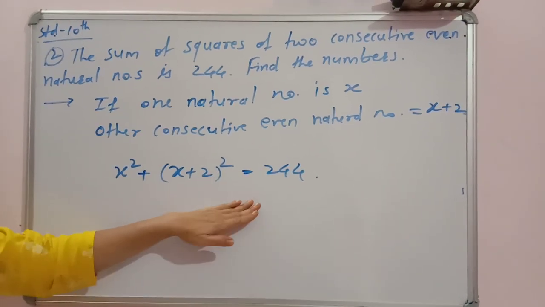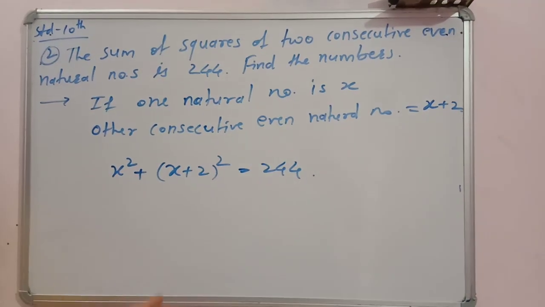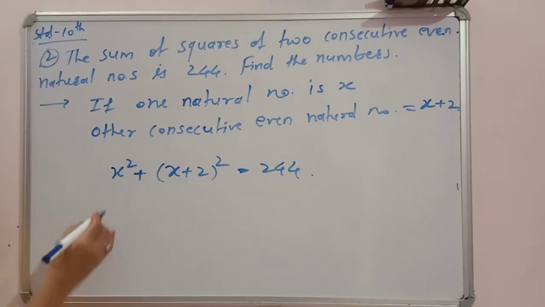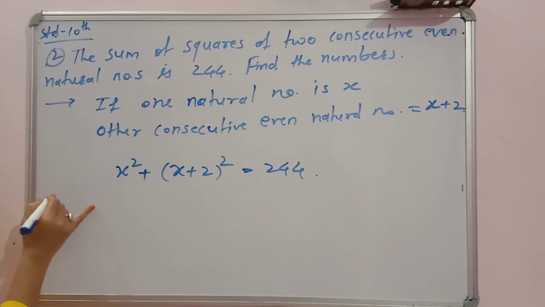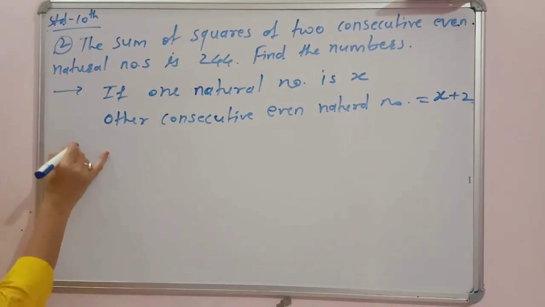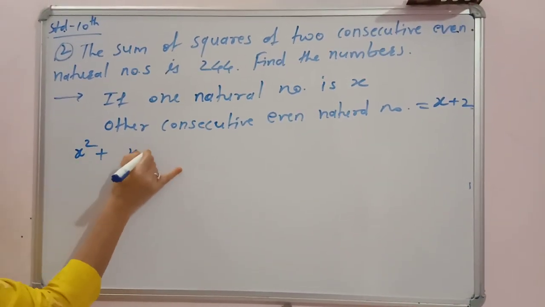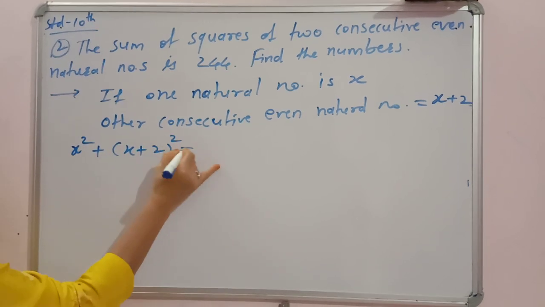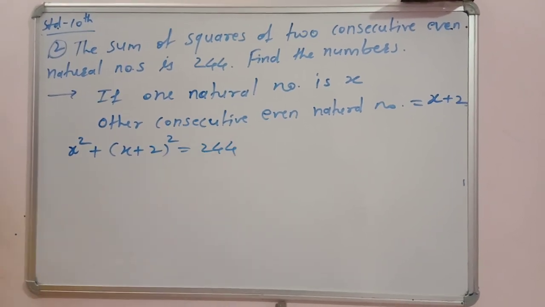Here your half work is over, and the other half is to solve it. I will write it here now. x square plus (x plus 2) whole square equal to 244. Now solve it.